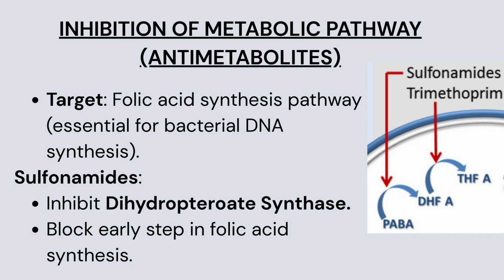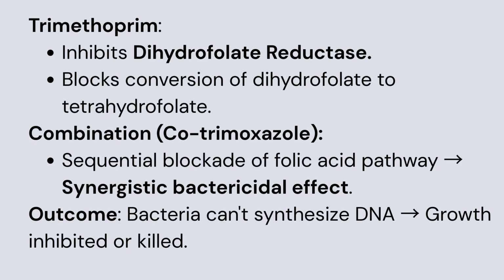Sulfonamides act as competitive inhibitors of the enzyme dihydropteroate synthase, which is involved in the early steps of folic acid synthesis. This blocks the formation of dihydrofolic acid. Trimethoprim, on the other hand, inhibits the enzyme dihydrofolate reductase, which is required to convert dihydrofolic acid to tetrahydrofolic acid, the active form used in DNA synthesis.